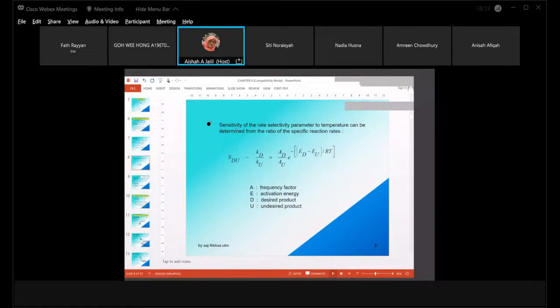Sensitivity of the rate selectivity parameter to temperature can be determined from the ratio of the specific reaction rates. So if you want to maximize the SDU, you can also adjust the temperature based on the reaction rate constants here. So SDU equals KD over KU. This is the Arrhenius equation.